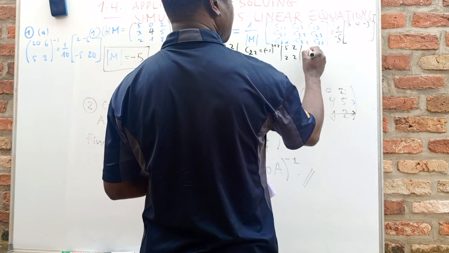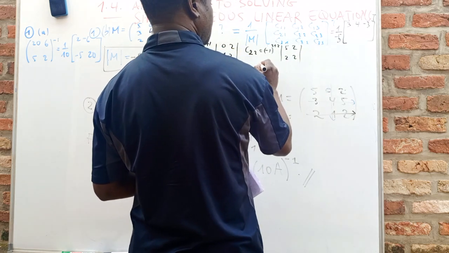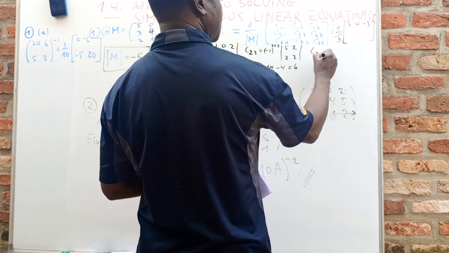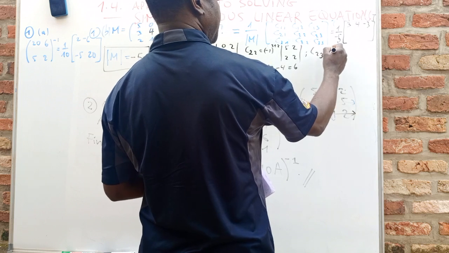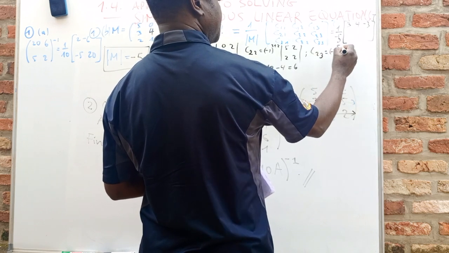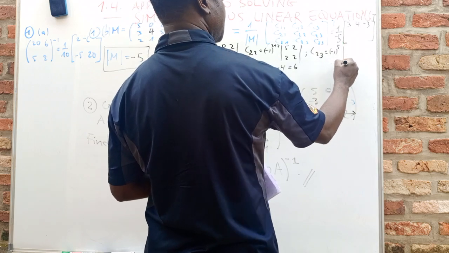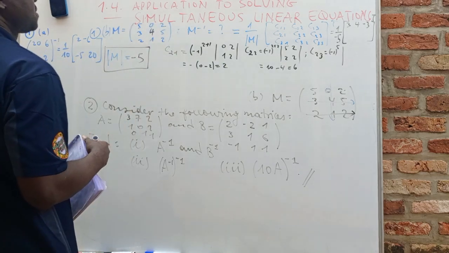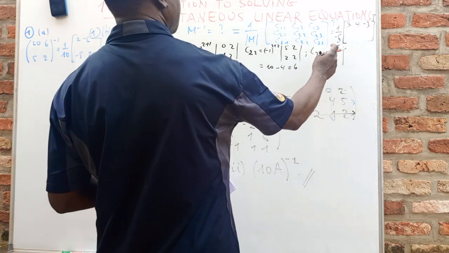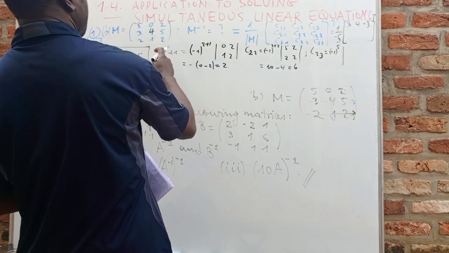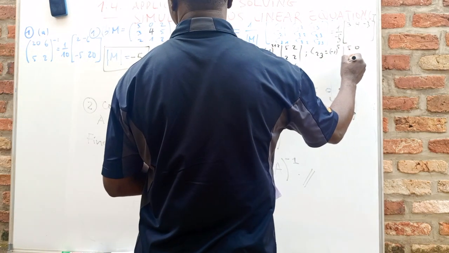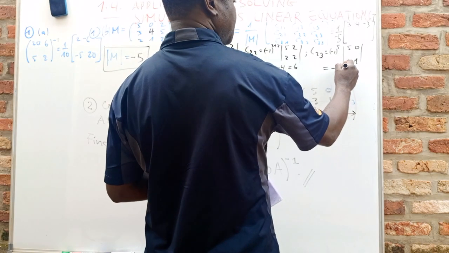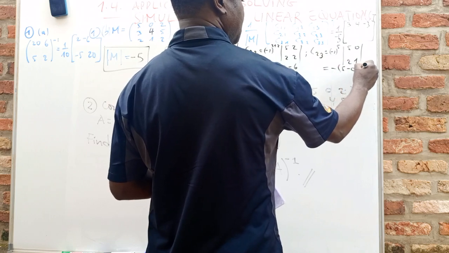So this is going to be 10 minus 4, and this is 6. C23 is equal to -1 to the power 2 plus 3, which is 5. Now the determinant, as I'm located here, a cofactor of 5 is going to be -1 times the matrix 5, 0 and 2, 1. And this is the opposite of 5 minus 0, which is -5.